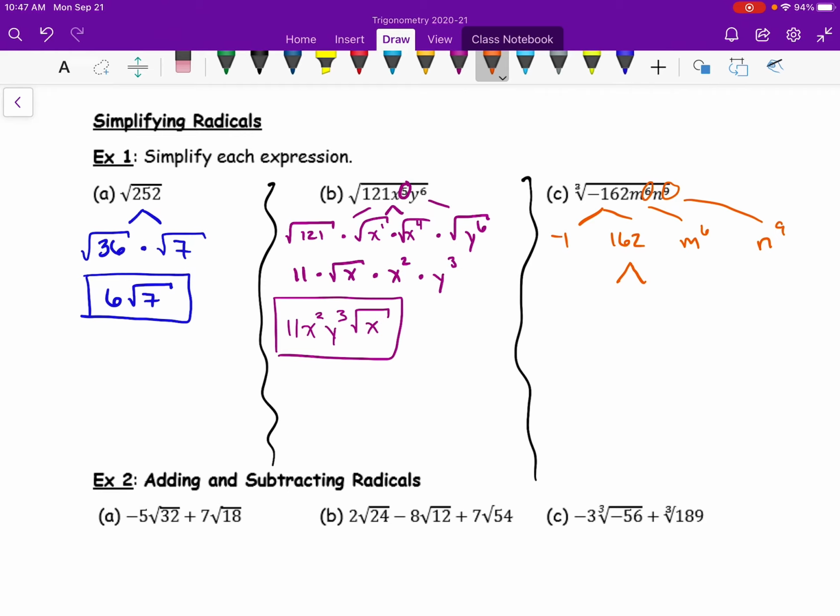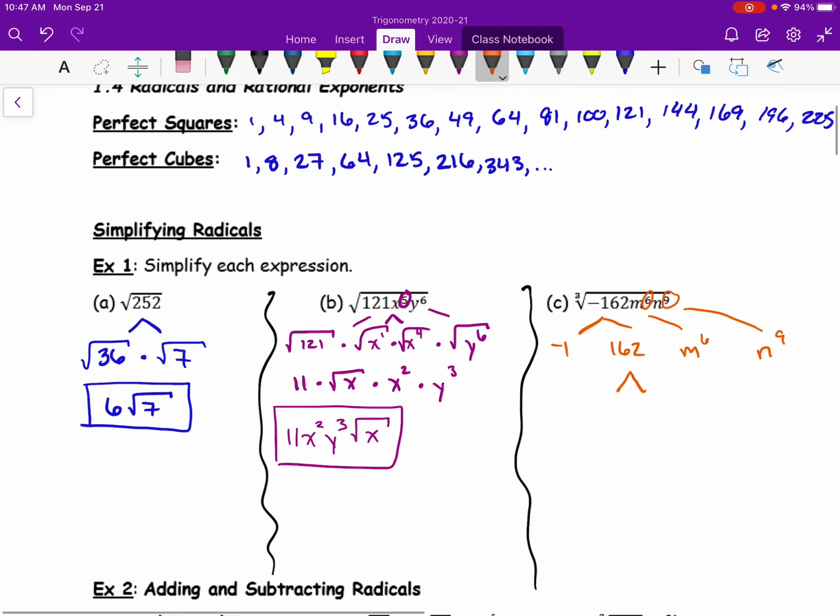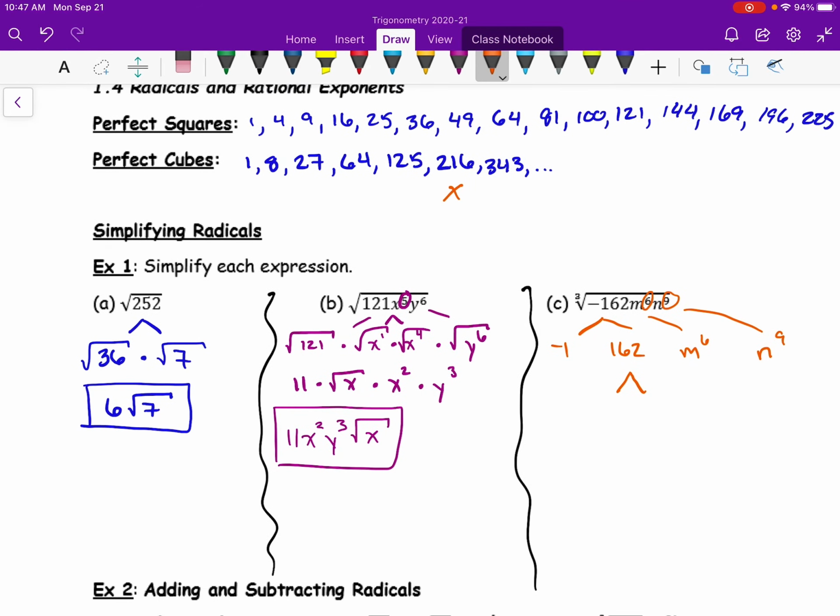So perfect cubes. All right. Let's start. We got 216, which is too high. 125 won't go into 162. So I'm just using this list up here. Oh, here we go. So that won't work. It's too high. So I'm going to try and plug in 64. So 162 divided by 64 gives me a decimal, so that doesn't work. So I'll do 162 divided by 27.